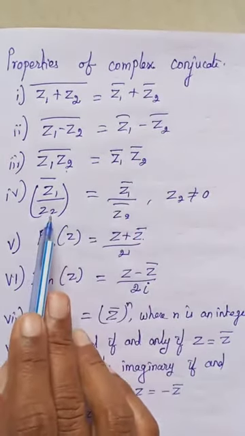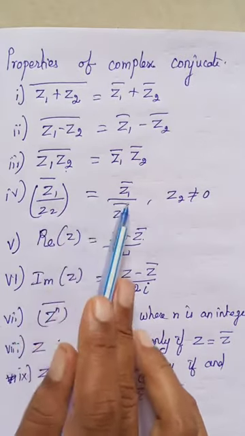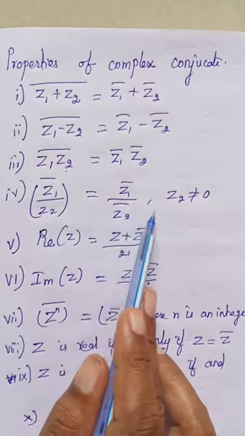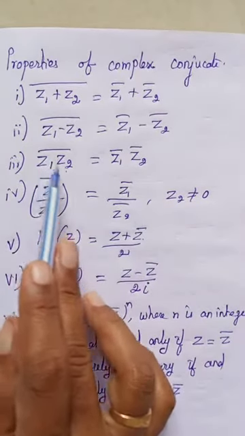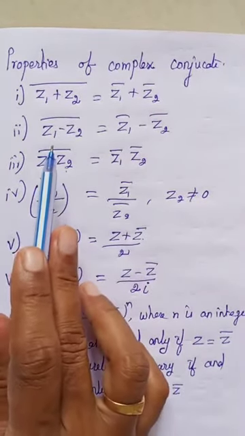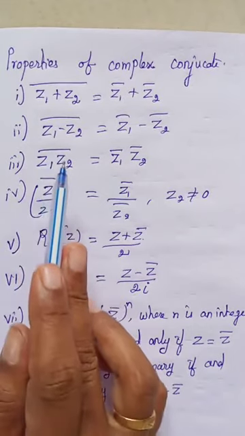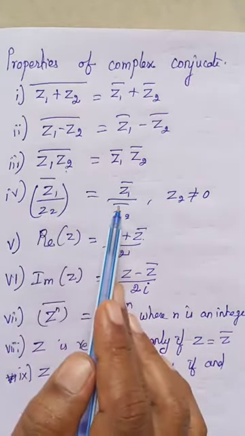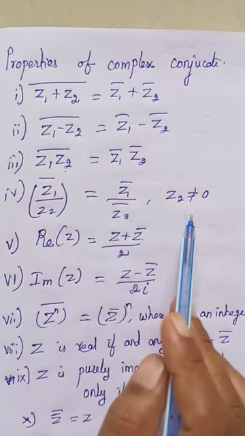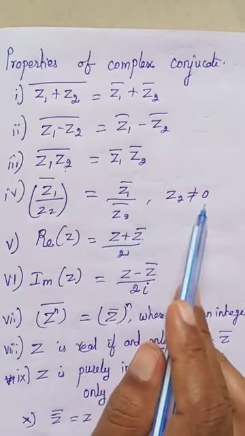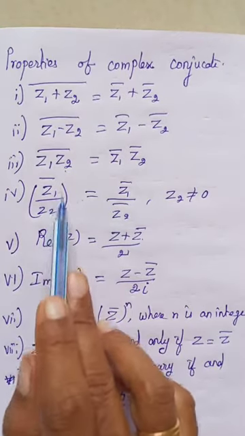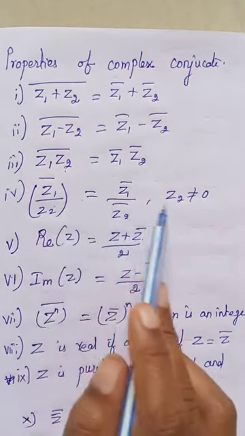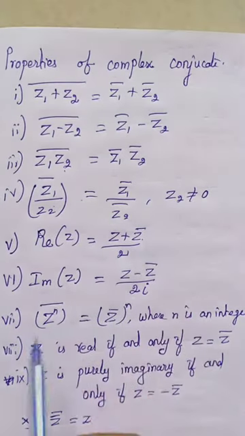Z1 by Z2 the whole bar is Z1 bar divided by Z2 bar. Whether it is addition, subtraction, multiplication or division, we can separate the conjugates. Here Z2 is given not equal to 0. Why? If it is 0, it is infinite and there is no value.